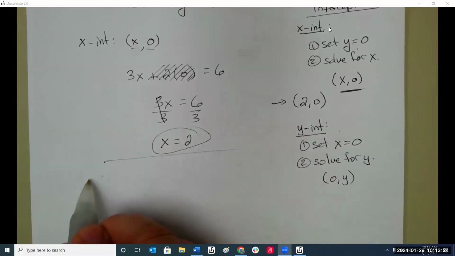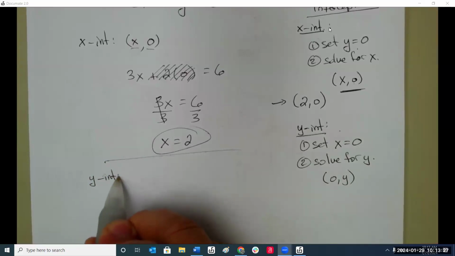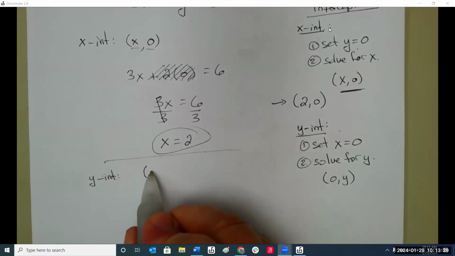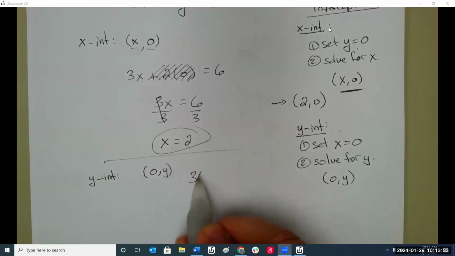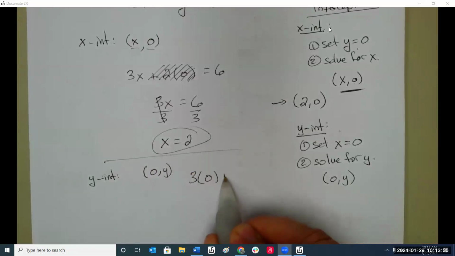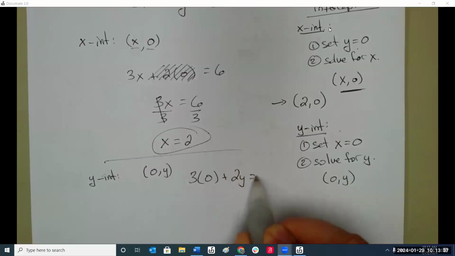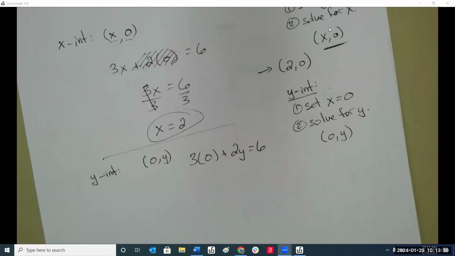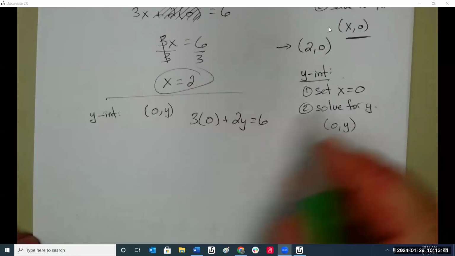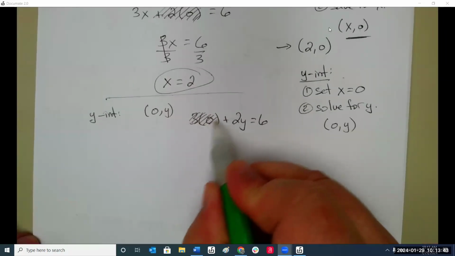So for the y-intercept, we have 3 times 0 plus 2y equals 6. I set x equal to 0, so that disappears.